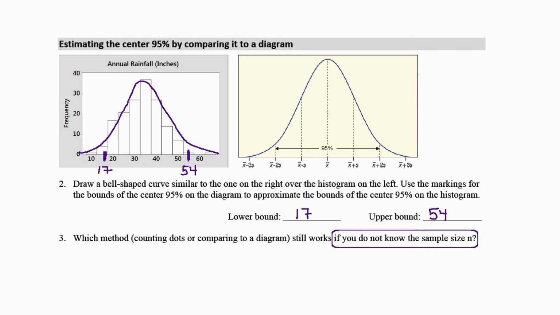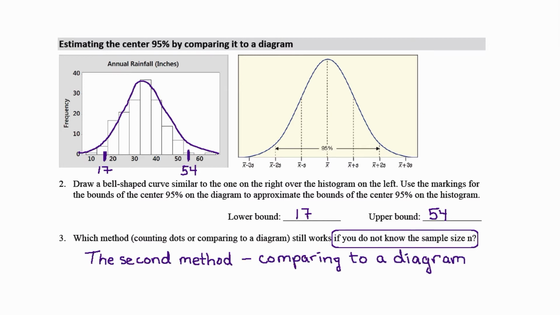So this approach, comparing it to a diagram, is the only thing that works if you don't know how many observations total there are in your graph. If you do know n, then maybe you'll try a combination of the two. Maybe first just eyeball those endpoints, then calculate how many dots or how many observations should be in each tail, and go ahead and count and see if it comes out about right and adjust a little bit if needed.